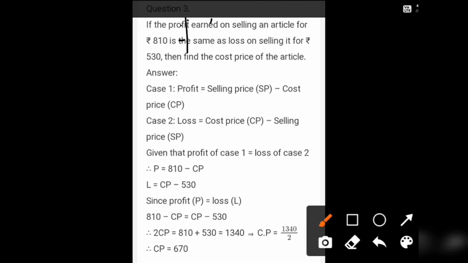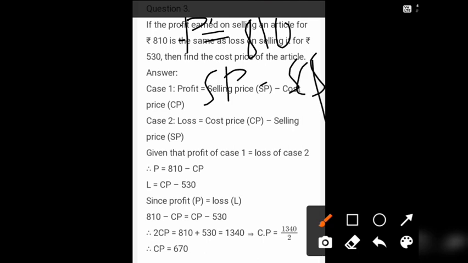Profit is equal to 810 minus cost price. What is profit? Selling price minus cost price. What is selling price here? 810. So 810 minus cost price.